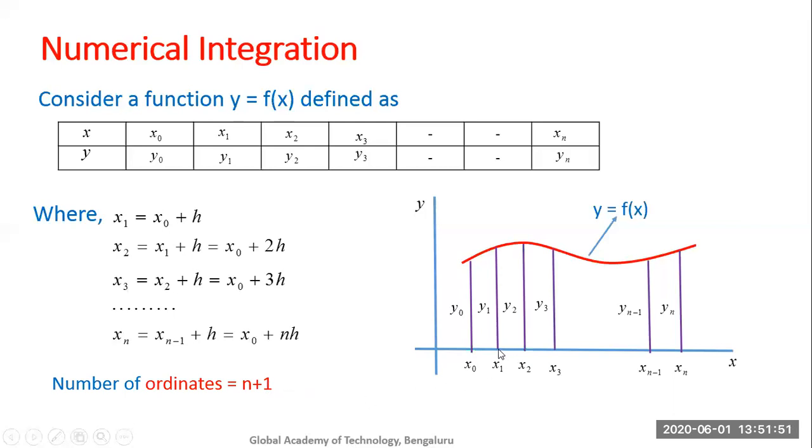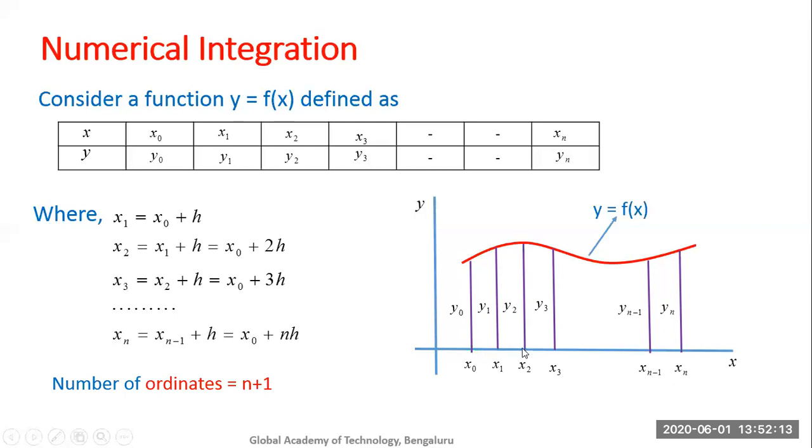And here, as we know, x1 is x0 plus h, x2 is x1 plus h, and so on. So we have the intervals here. Say x0, x1 is one interval, x1, x2 is the second interval, x2, x3 is the third interval, and so on up to xn minus 1, xn. So the main interval x0 to xn is divided into various subintervals.